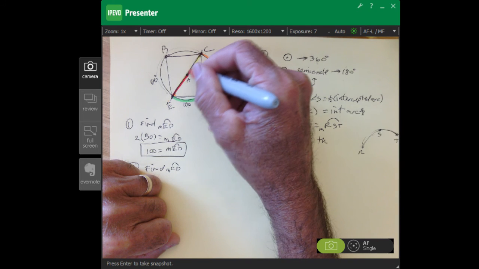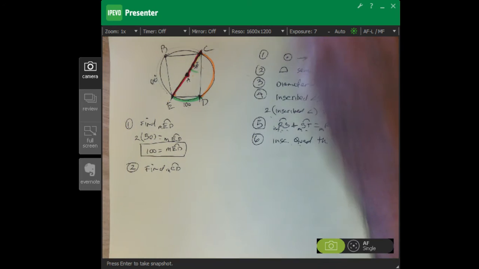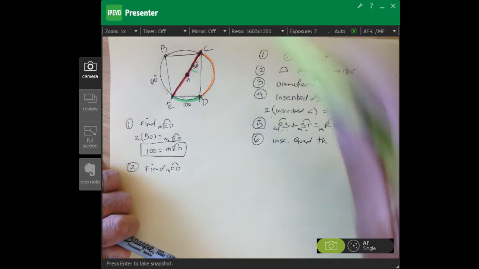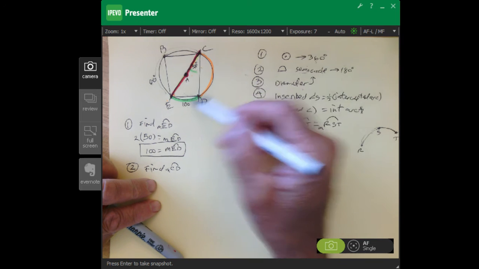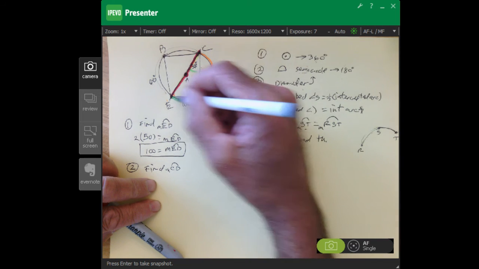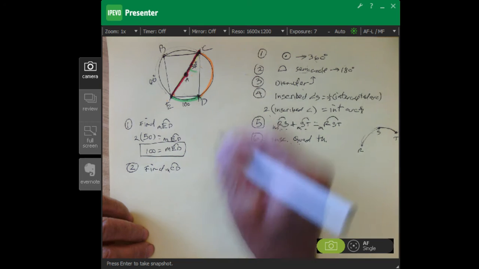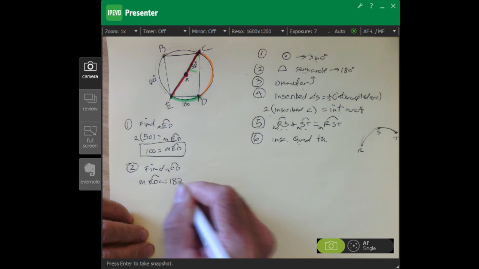So we look at this diameter, and that's what we have, right? Where you have a diameter, we have a semicircle. So here's our semicircle. That tells us something about EDC. We know the measure of EDC has to be equal to 180, right?